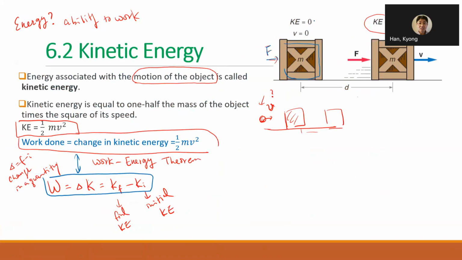In this case we can see this is the initial kinetic energy and this is the final kinetic energy, so 1/2 mv squared minus 0 equals F times D, right? This is work. This is the change in kinetic energy.